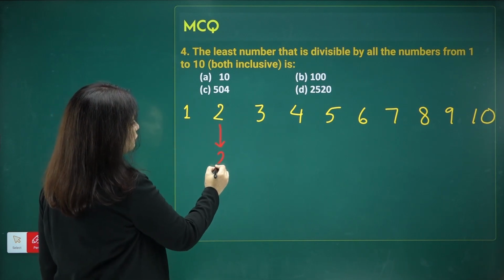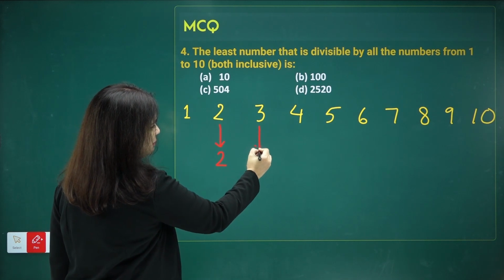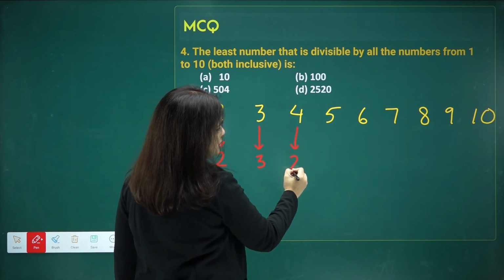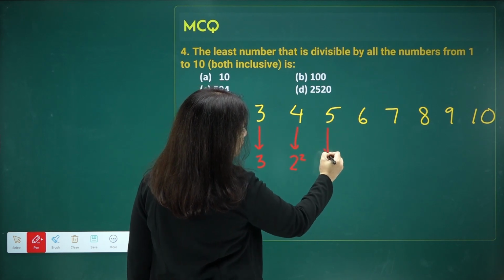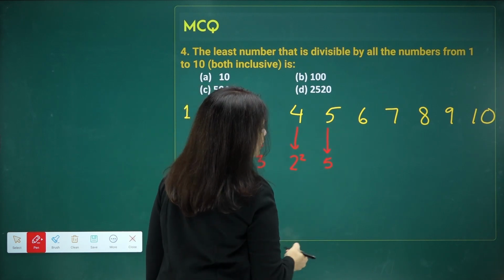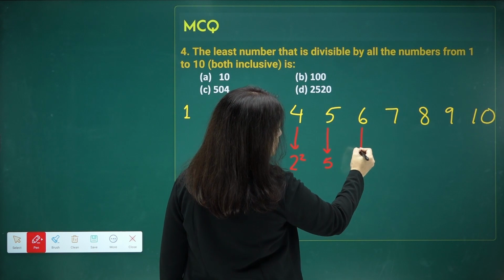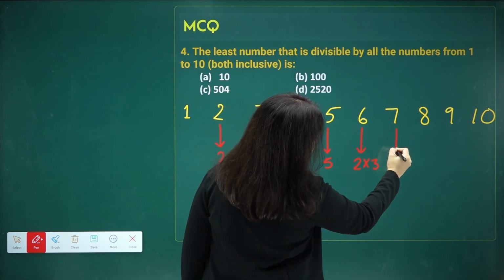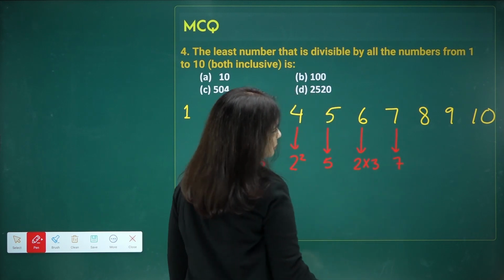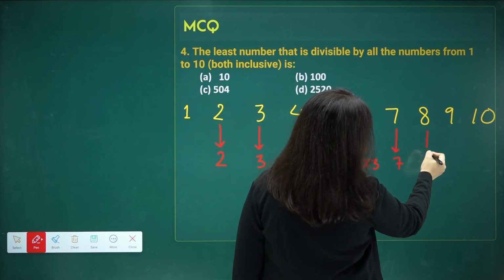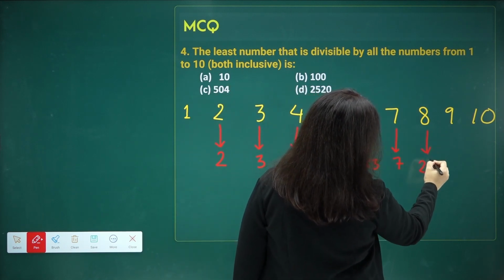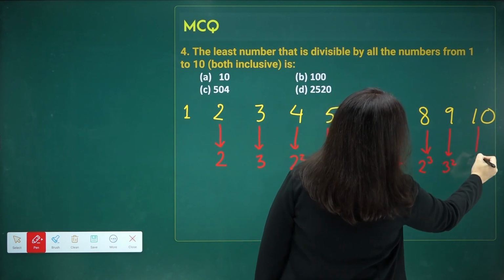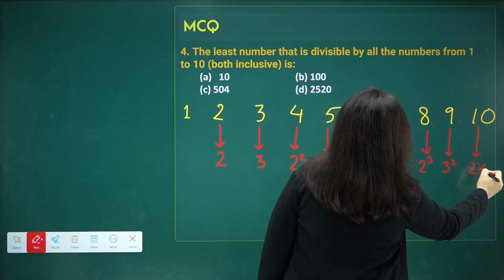The prime factor of 2 is 2, itself being a prime number. 3 is 3, 4 can be expressed as 2 square. 5 has only one prime factor, 5. 6 can be written as 2 into 3. 7 is 7 because there is no other prime factor for 7, itself being a prime number. This is 2 cube, this is 3 square and this is 2 into 5.